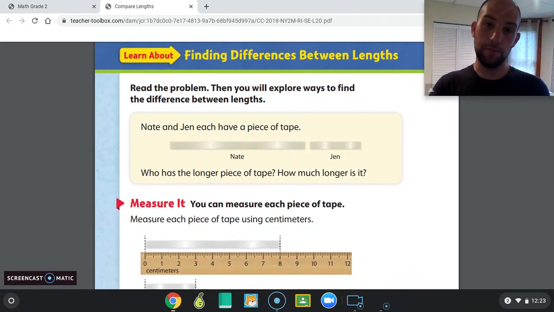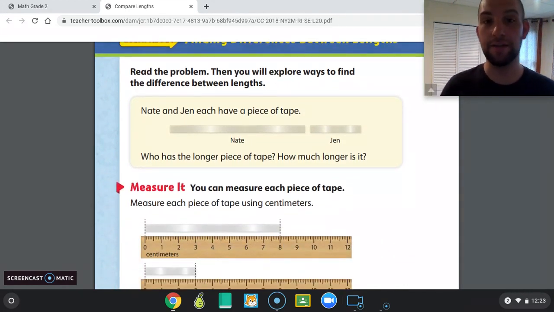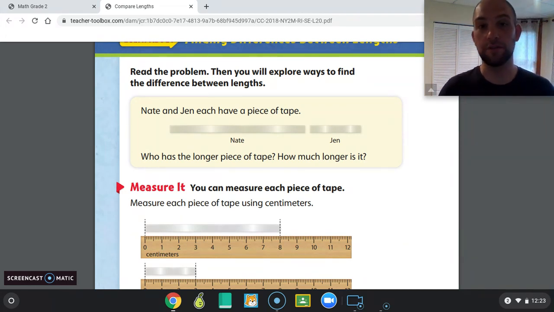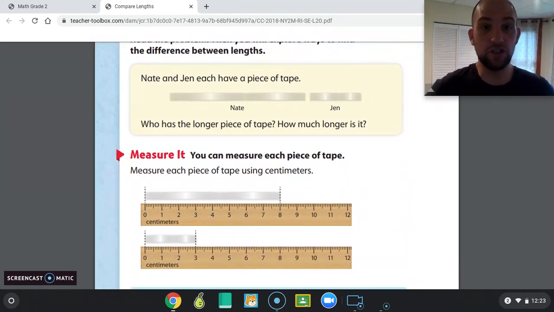So read the problem, then you will explore ways to find the difference between lengths. Again, when we see the word difference, always remember that means subtract. We just have to figure out which number we need to subtract from which other number. It says Nate and Jen each have a piece of tape.